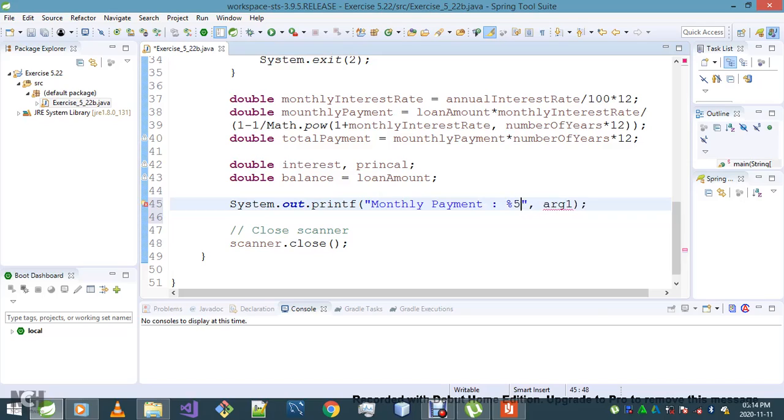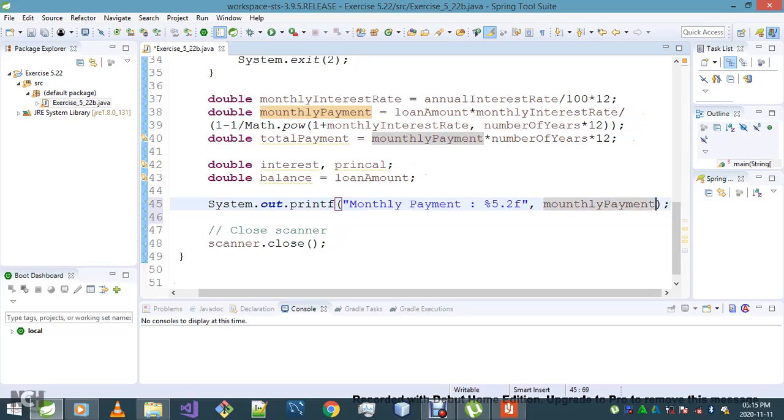I wanna leave 5 spaces to the left, and I want 2 decimal points. Of course I want a format specifier. Okay, and that is gonna be displayed by my monthly payment, which is already computed. So it's gonna be it right there.